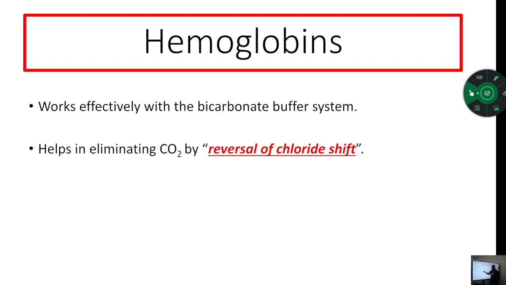When I say eliminating carbon dioxide, usually carbon dioxide in the body fluid is seen as carbonic acid. So when you remove carbon dioxide from our body, you are getting rid of the acid. If carbon dioxide exists as carbonic acid in our body fluids, when you expire carbon dioxide, you are getting rid of the acidic thing, carbonic acid, right? This is done by the reversal of chloride shift, which we'll see now.